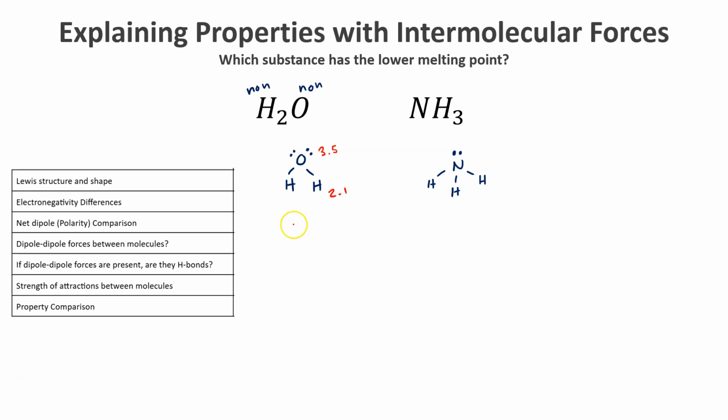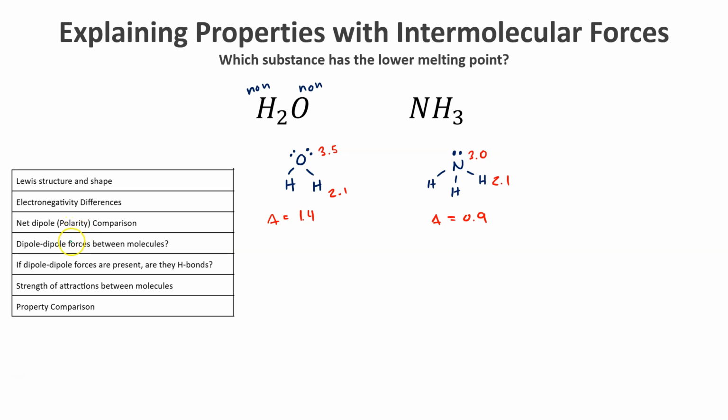Hydrogen is a 2.1, so the difference in those electronegativity values for water is about a 1.4. And then if you did the same thing in NH3, nitrogen is about a 3.0, hydrogen 2.1, so the difference here is a 0.9.